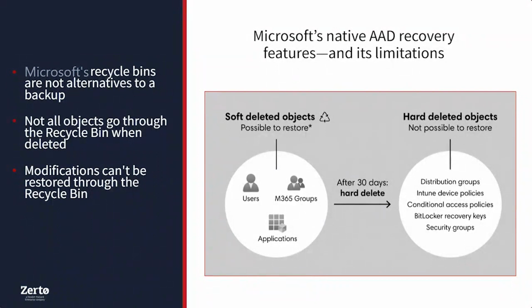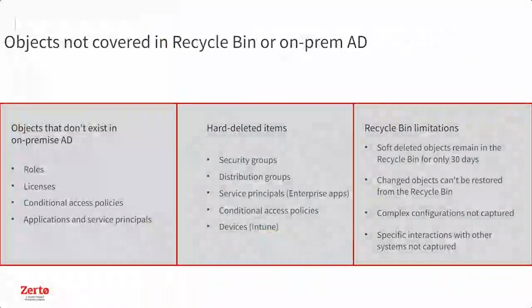And some of those recycle bin items, after 30 days, become a hard delete. They're now unrecoverable. So on your 31st day, if you didn't notice items were removed and they're in your recycle bin, you have no way to ever recover them. Having a safe, secure environment makes it much easier.